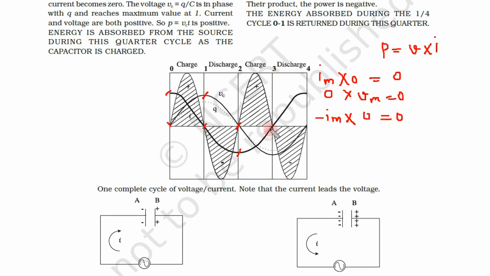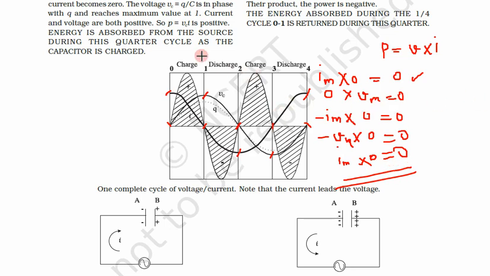Now at point 3, current is again becoming 0, voltage is negative, minus Vm, into 0, that means 0. At the final point voltage is again 0, current is Imax, so we have come back to the first point. So at all these points power consumed is 0.